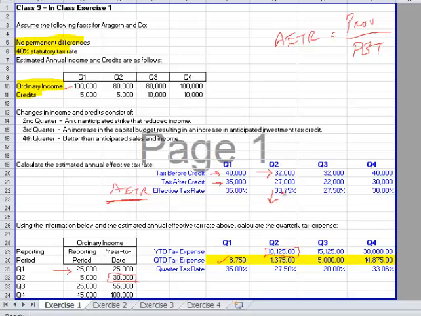Because I took my annual rate times 6-month income, which should give me a 6-month provision. And if I've calculated my 6-month provision and I already know what I did in Q1, this just has to be my Q2 provision. Okay? And that 27.5, that's what goes on the 10Q. Even though that's pretty different from what you expect for the year. Right? And that's that catch-up effect again.